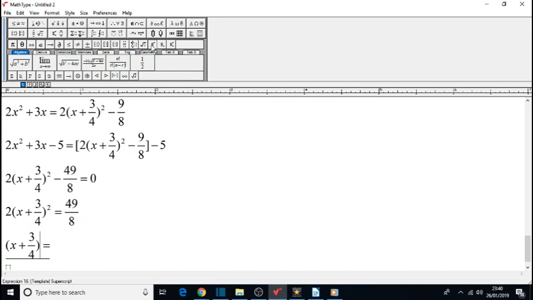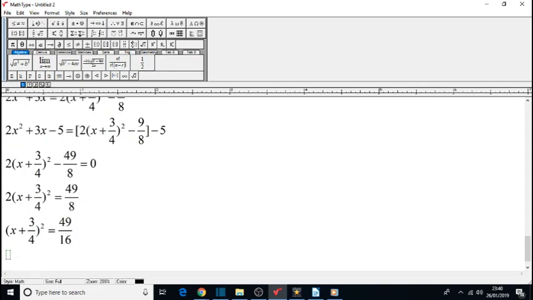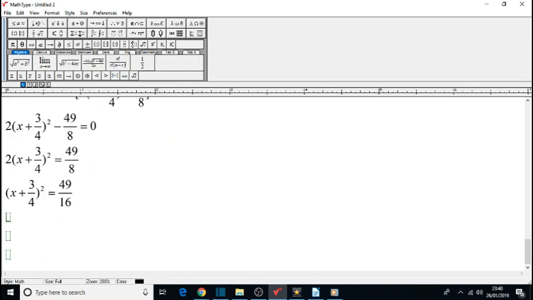Forgot to put the squared. So it'll be equal to 49/16. So we still want to get x on its own because it's to the power of 2. So we square root it so we can get rid of the power of 2. What we do to the left hand side, you do to the right hand side.